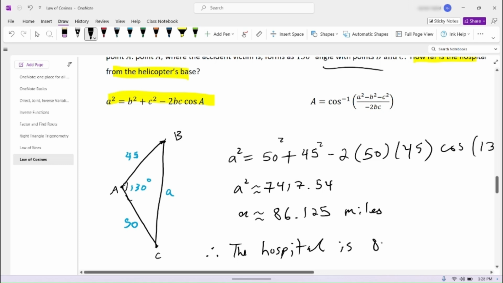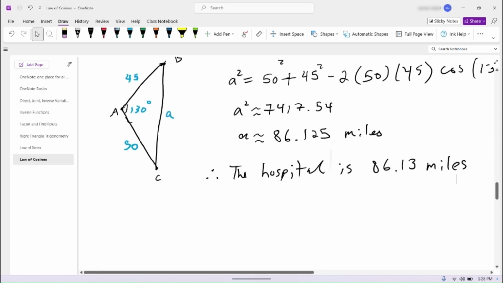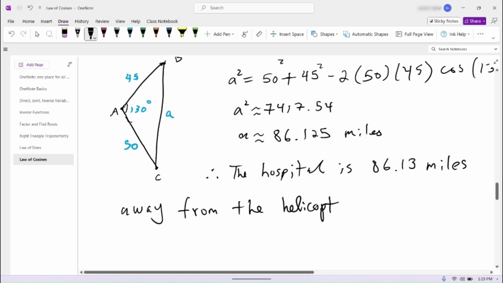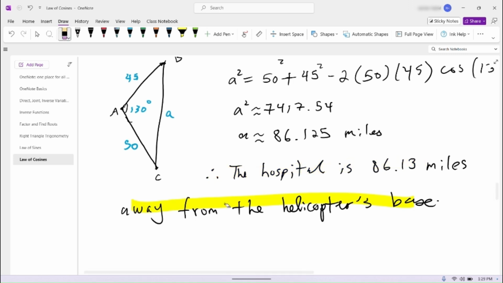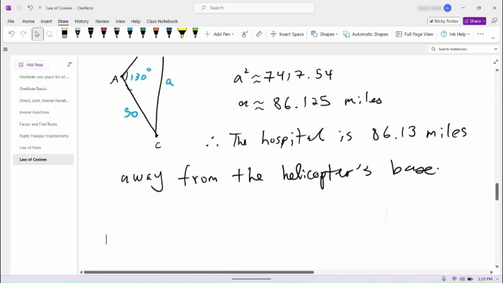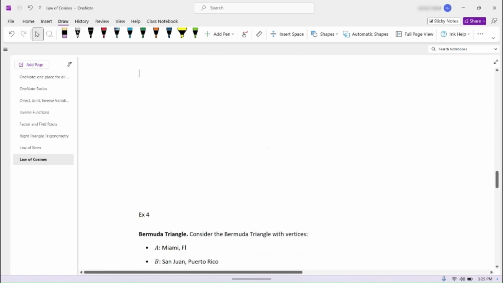I'm going to round it to 86.13 miles away from the helicopter's base. So when we have a word problem, we always want to have a conclusion like this. We want to state what we just found out in words. We do all the math and then make a conclusion back in English about what you just did. All right, so that's how we solve that problem.